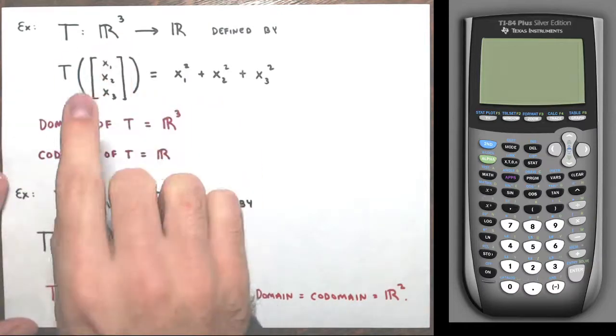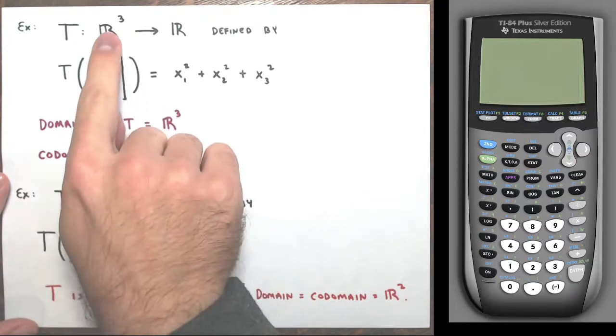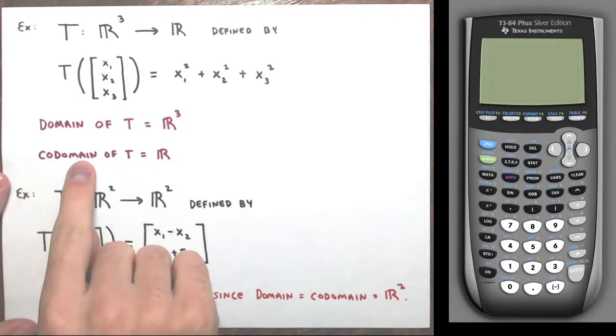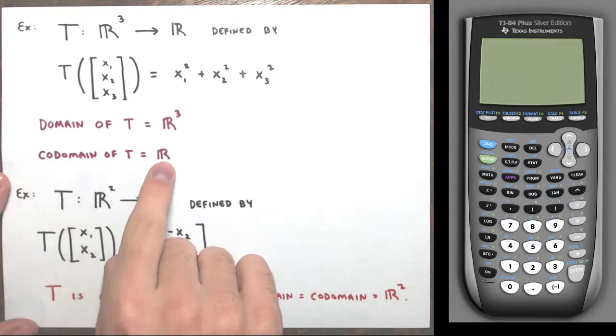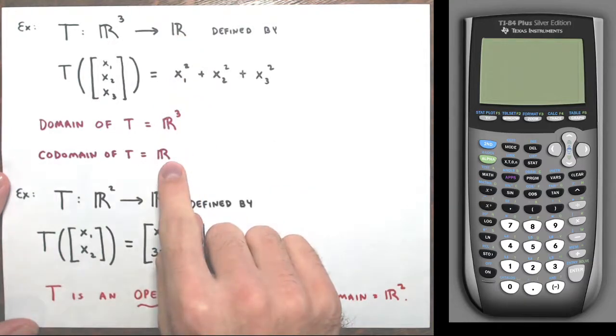So in this example, the domain of the transformation is R3. That's where my inputs are coming from. The codomain of T is R, the real numbers, where the outputs are coming from. Now, as I mentioned on the last page, don't confuse this with the range.